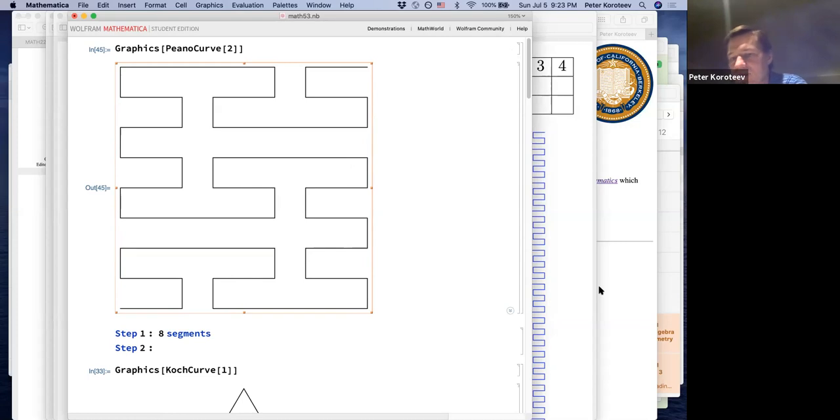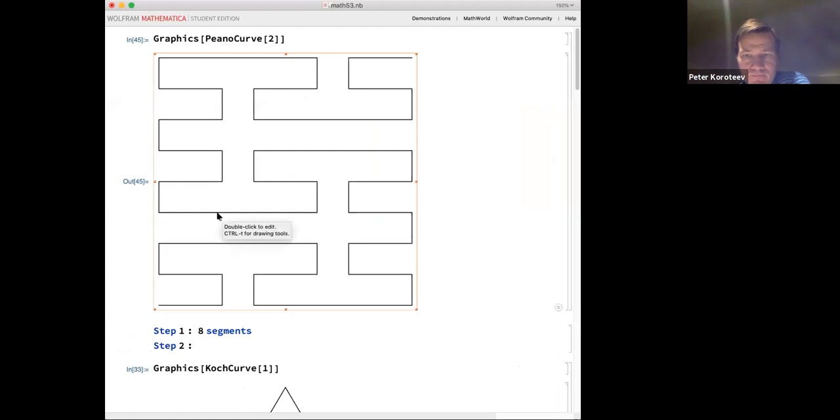So remember that 9 is 3 squared, right? So then what will be the proper exponent? Yeah, what is the fractal dimension of that thing?